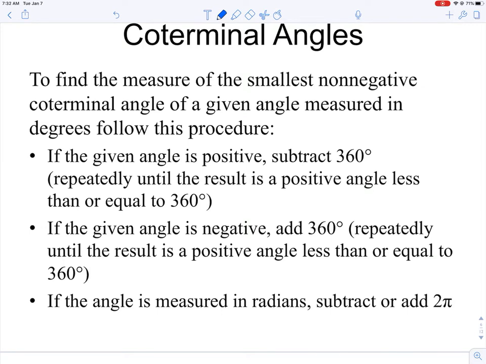Basically, if you have an angle that's more than one rotation, you keep subtracting 360 degrees until you get an angle between 0 and 360 degrees. And if you have an angle that's negative, you keep adding 360 degrees until you have an angle between 0 and 360. The same thought process applies in radians: if you have an angle over 2 pi, you keep subtracting 2 pi, or if you have a negative angle, you keep adding 2 pi until you get an angle between 0 and 2 pi.